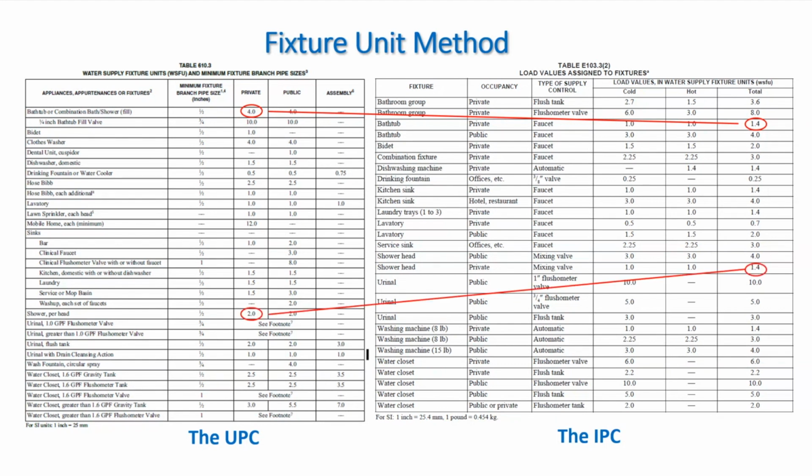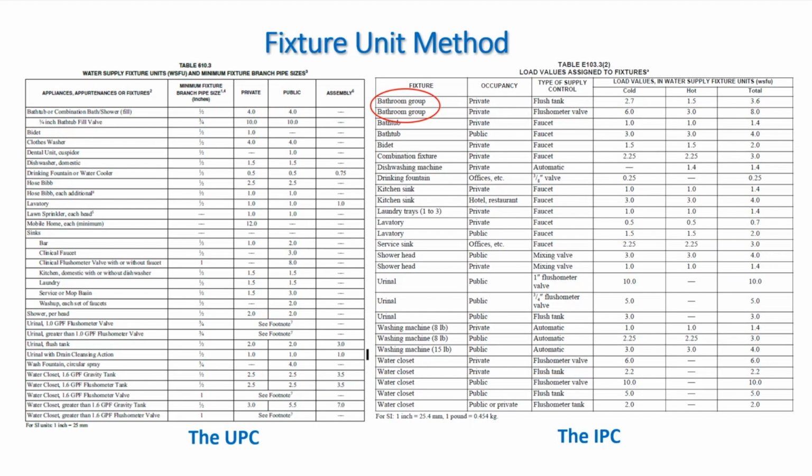Same thing with the shower. These are just some examples of differences in fixture unit values between the codes. However, the design curve has never been modified. These fixture unit values still get applied to the design curve that we saw earlier.